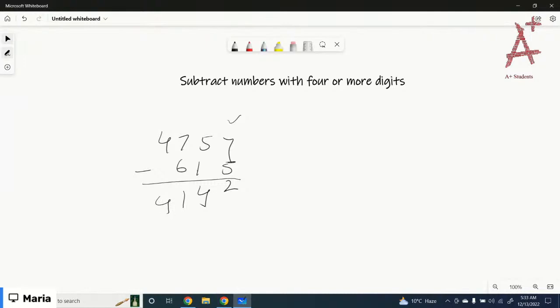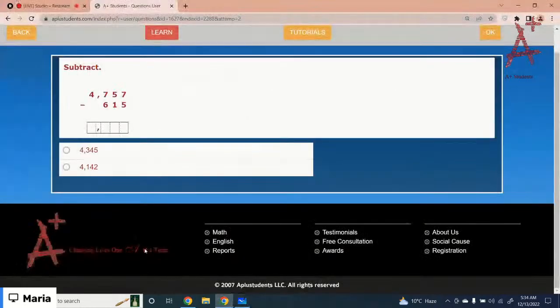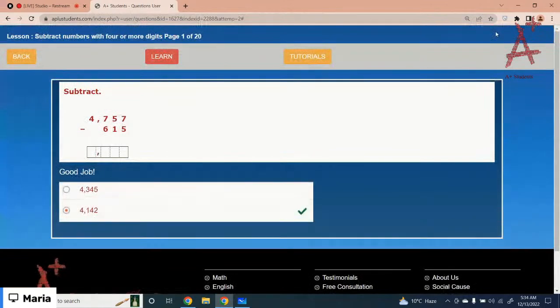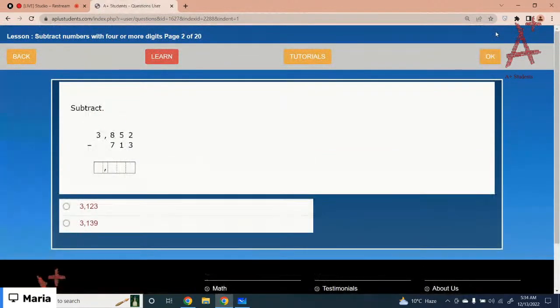So it would be, yes, very good. That would be the second option, 4142. Got it? So just select the correct option and click on the OK button.